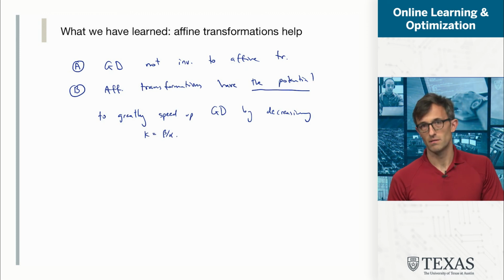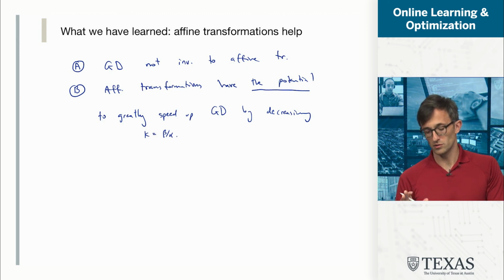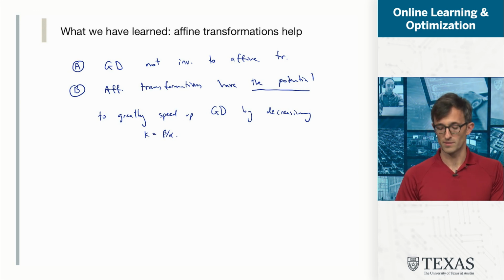Remember, this has been another theme that we've seen before. If you turn to the lecture where we're talking about variance reduction in SGD or SVRG, trying to reduce the condition number is a big reason why SVRG comes out ahead. If you turn to the lectures on accelerated gradient descent and momentum, again we see that acceleration for smooth and strongly convex problems ends up reducing the impact of the condition number.